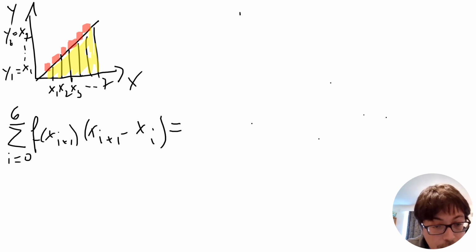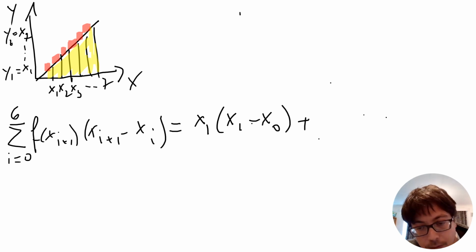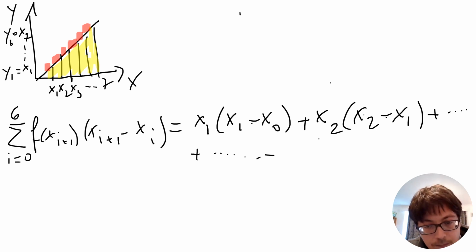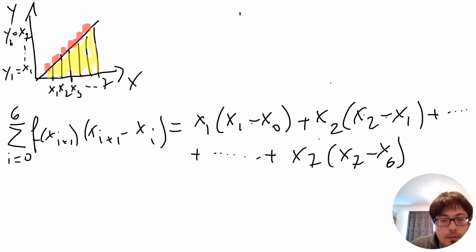So the first one starts with 0, so the first one is x1, not xi, because otherwise it's a loop, x1 times x1 minus x0, plus, I will do some terms, x2 times x2 minus x1, and plus, I think we understand where this is going, dot dot dot, so we have x7, because I goes to 6, so plus 1, x7 times x7 minus x6.